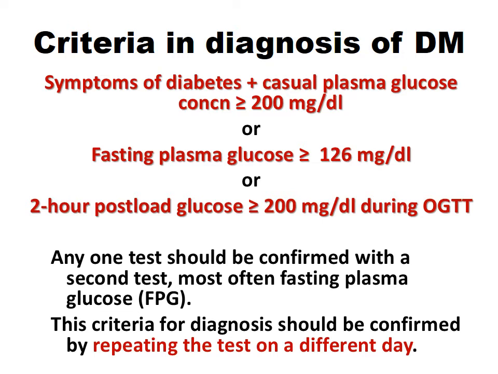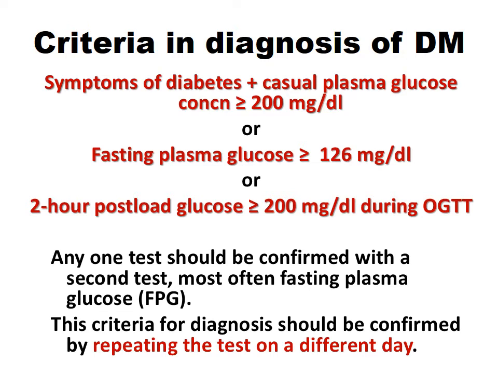Either one, symptoms, if the patient has the symptoms of diabetes and the casual blood glucose level is more than 200 milligram per deciliter, or by performing a fasting plasma glucose level, which should be more than or equal to 126 milligram per deciliter, or by doing the oral glucose tolerance test, which should be more than or equal to 200 milligram per deciliter.